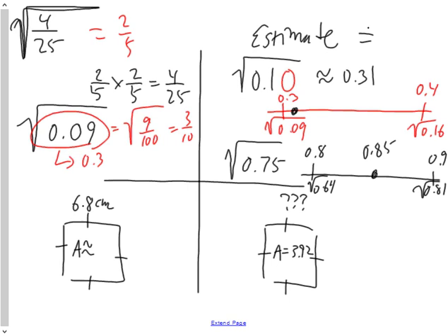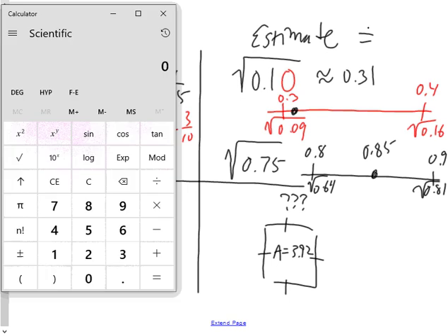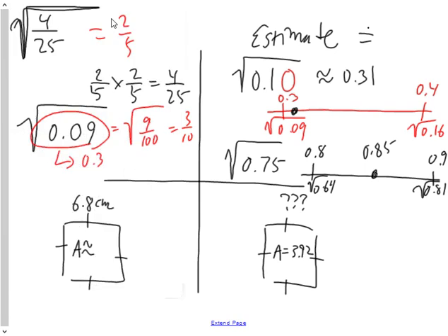Seems reasonable. Grab your calculator. Square root, what number multiplied by itself gets you decimal 75? 0.866, which is closer to 0.87. So my estimation was off by 2/100ths, but that's not too bad.